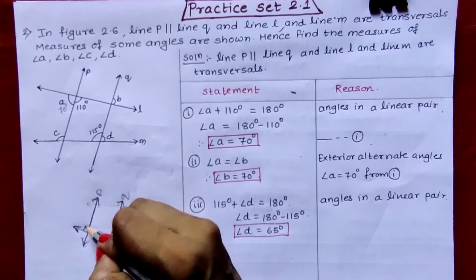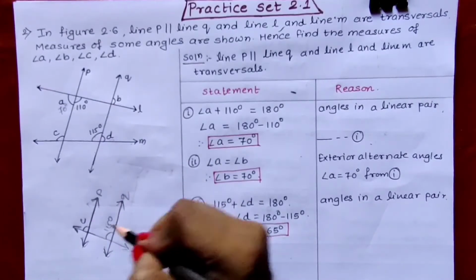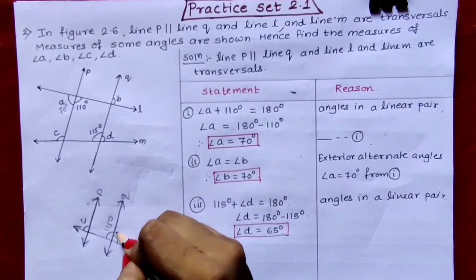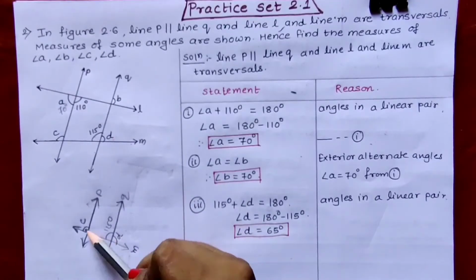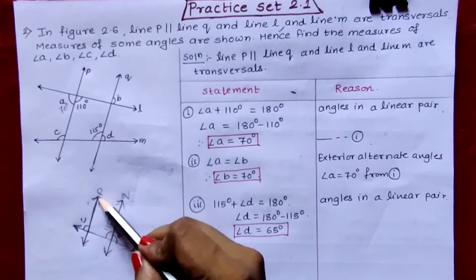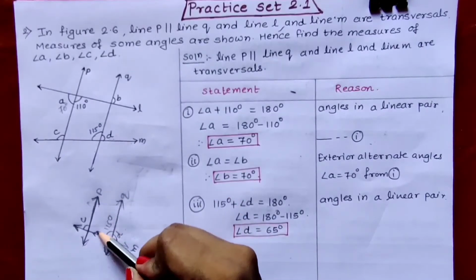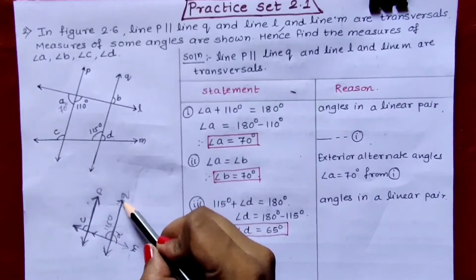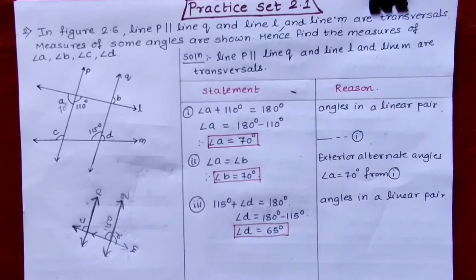And when we observe this angle C, 115 degree, and angle D, here it is angle D. So angle C and 115 degree are corresponding angles, because angle C has one arm in the upward direction, other arm on the right hand side. Similarly 115 degree also has one arm in the upward direction, other arm in the right hand side. So C and 115 are corresponding angles, and that's why they are congruent with each other.